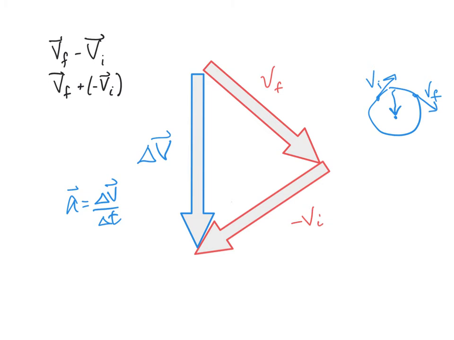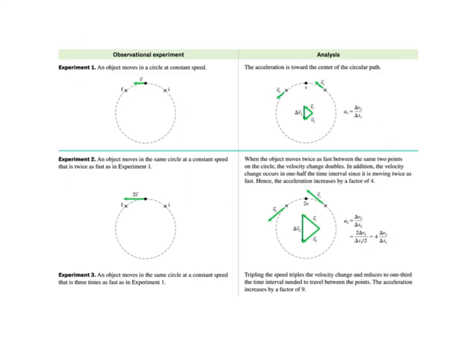Now let's talk about why is the equation for acceleration v squared over r? Why is it dependent on the square of the speed? Well, I'm going to use a graphic from your textbook to hopefully help you understand this.